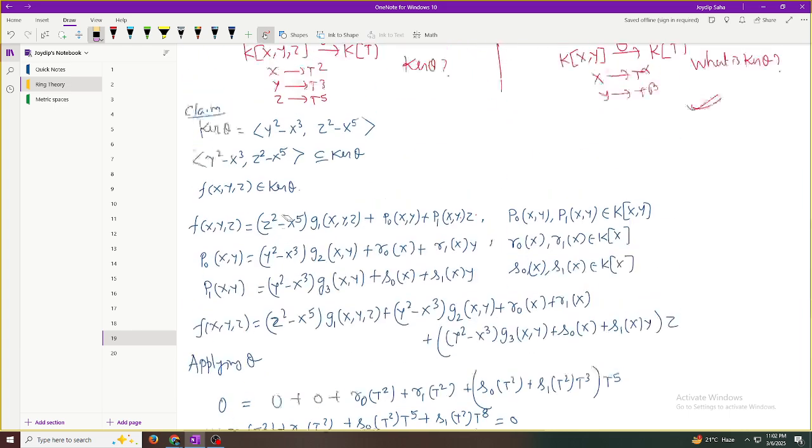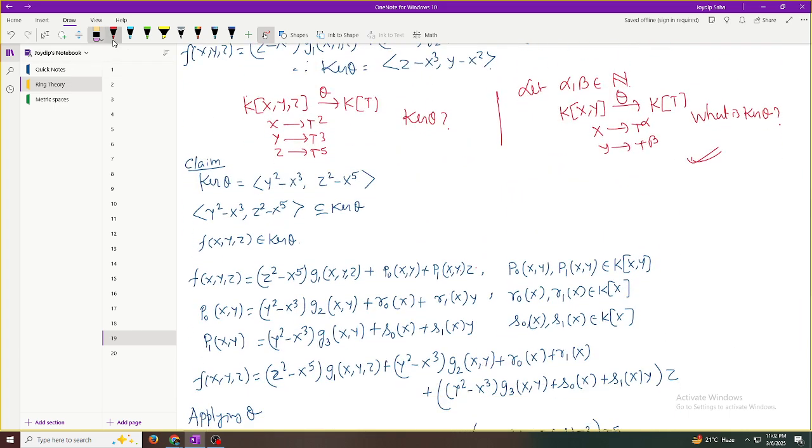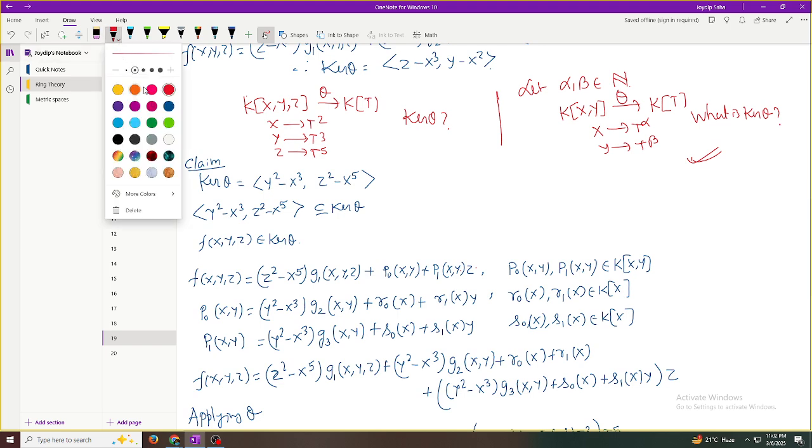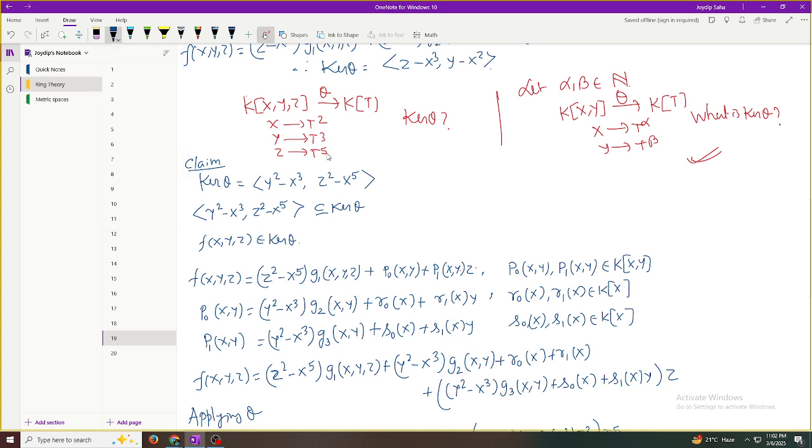Actually, see one thing. If I write 5 3 y cube minus zx square, right?